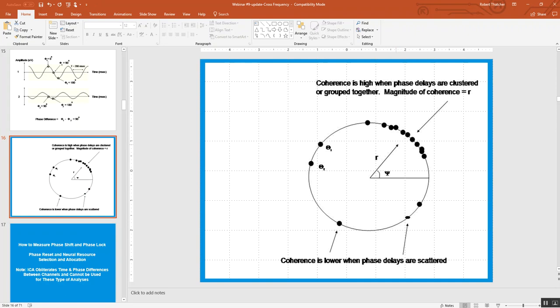And the length of this resultant vector is coherence. So when the phase differences are really clustered tightly, then the coherence is high. If the phase differences are spread all around this circle, then this resultant vector will go to 0, or coherence will equal 0. So remember, coherence is a measure of the consistency of phase differences over time.